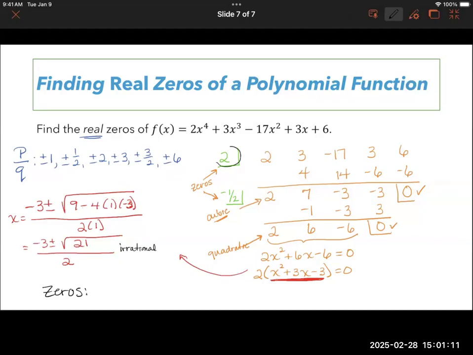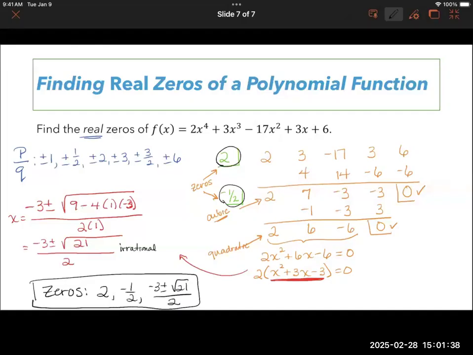So I have the 2 from my first trial, the negative 1/2 from my second trial, and then negative 3 plus or minus the square root of 21 over 2. That counts as 2 different zeros, one if I add and one if I subtract. And so that's my final answer for the zeros of this polynomial.